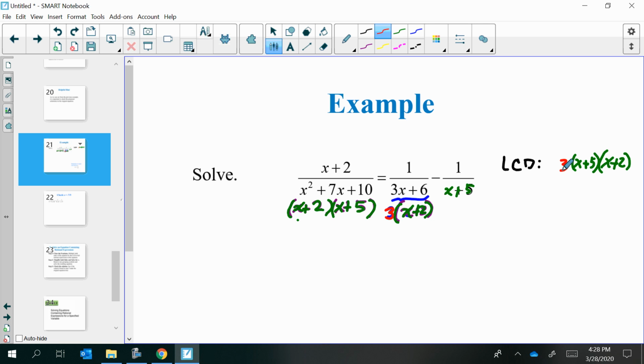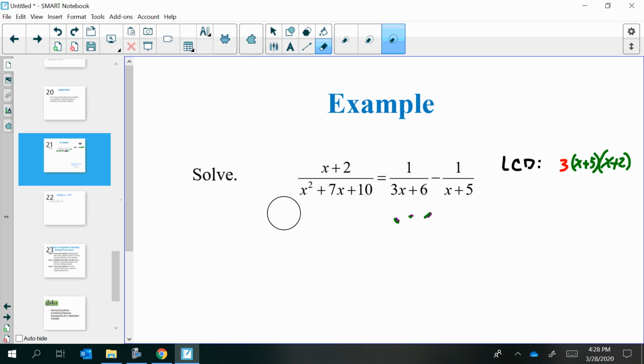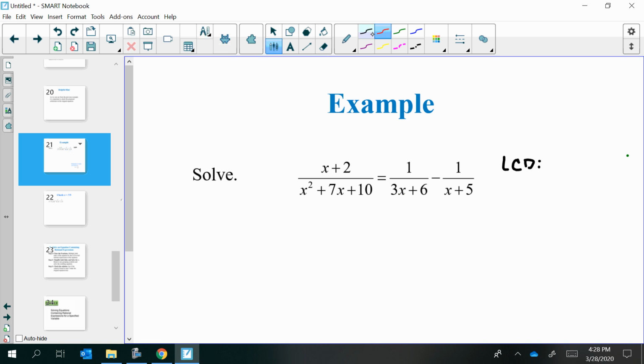Now, when I multiply that LCD to all of my terms, things are going to cancel out, and I'm going to use color coding to show how that canceling out will happen. I'm going to do this in a more efficient way than rewriting everything and multiplying.